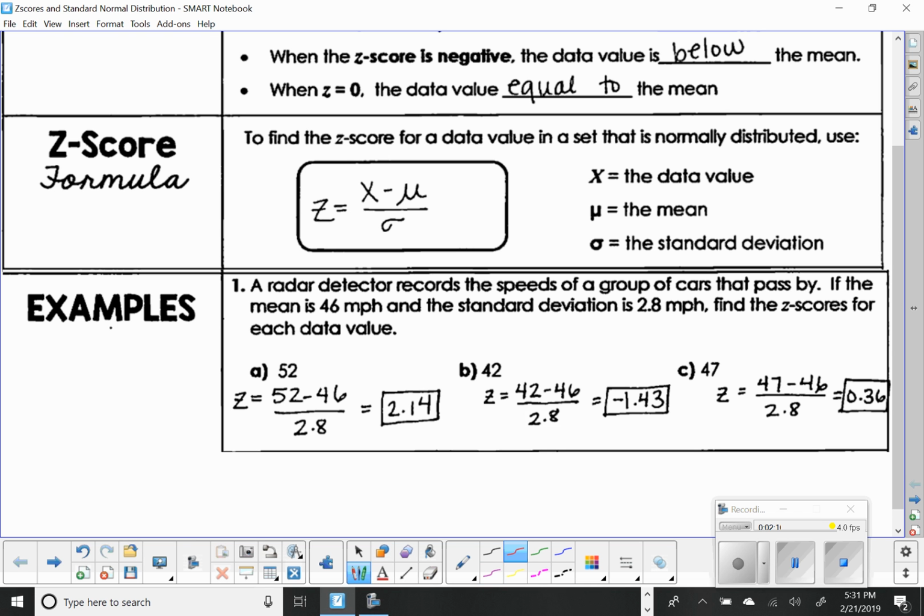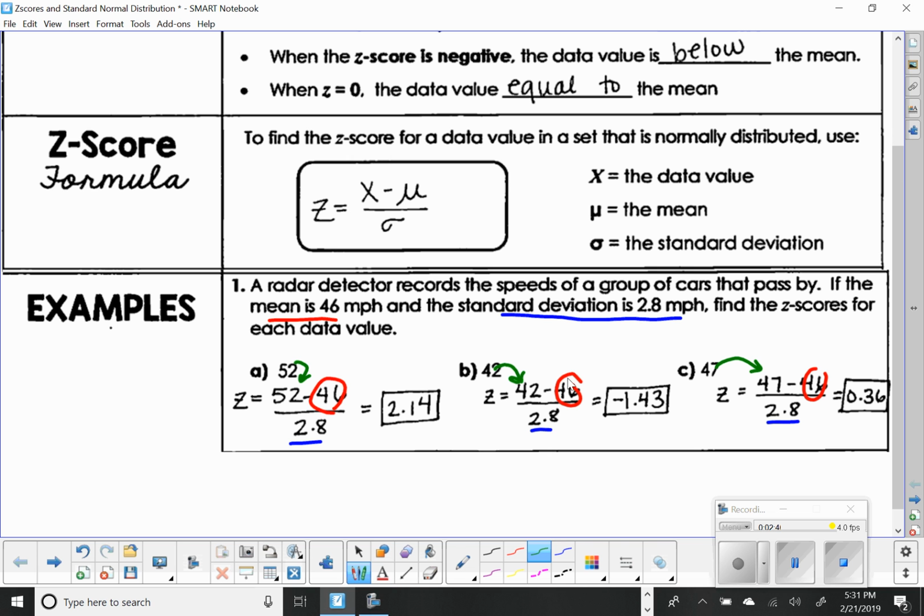Notice that 46 is what's being subtracted because 46 is the mean, and then everything is being divided by 2.8 because the standard deviation is 2.8. And then the data value, that's what you start with, what you subtract the mean from.